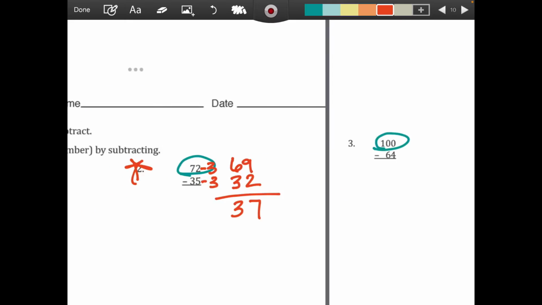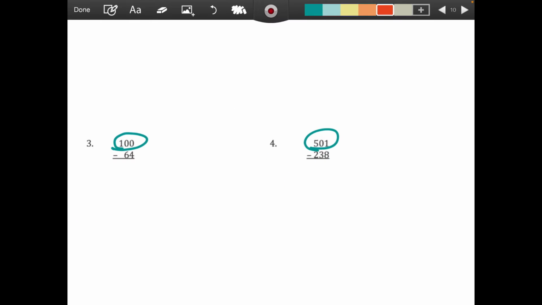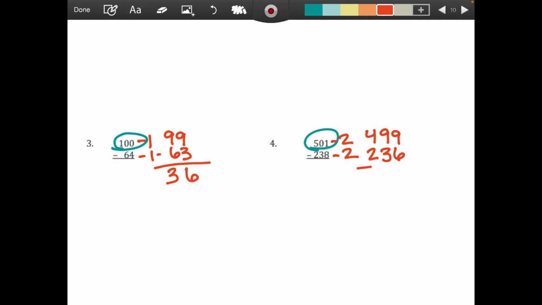Okay. 100 subtract 64. I'm going to do 1. 99 subtract 63. I'm going to get 36. Over here, I'm going to subtract 2, which is going to give me 499 subtract 236.